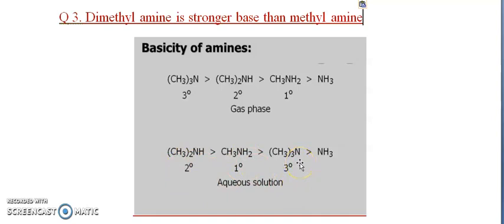But in the gaseous phase, the picture is different. In the gaseous phase, we have tertiary amine most basic, then secondary, then primary, then ammonia. Why?